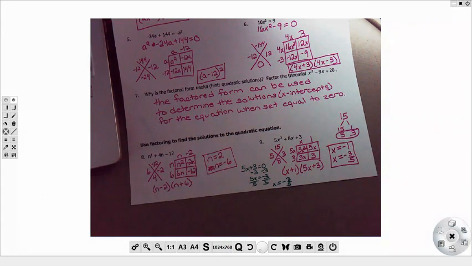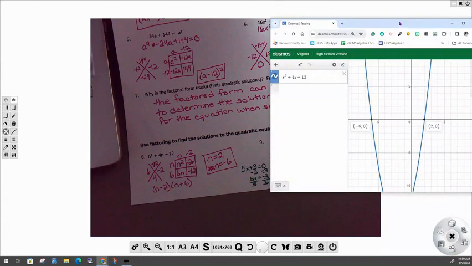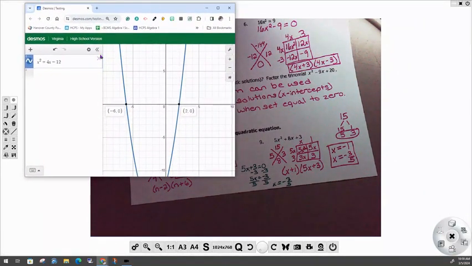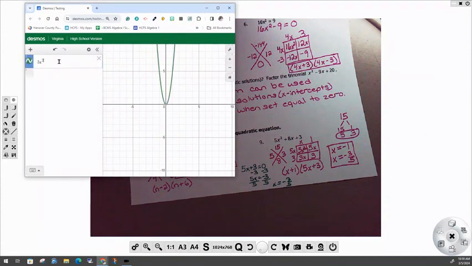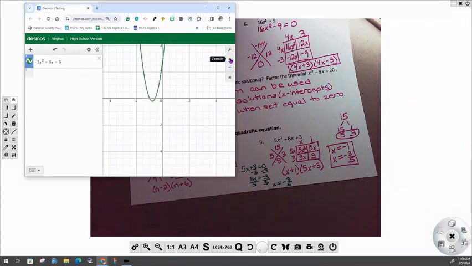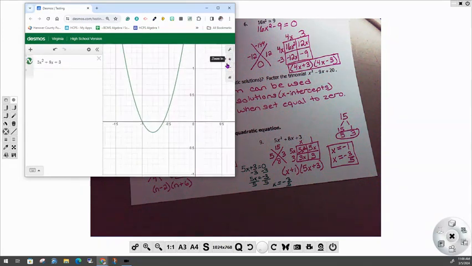So let's check this on our handy-dandy Desmos. Let me move this over here so we can see. And we're going to say 5x squared plus 8x plus 3. All right, let's zoom in so we can see this because those are kind of little. Oh, I noticed they're less than 1.